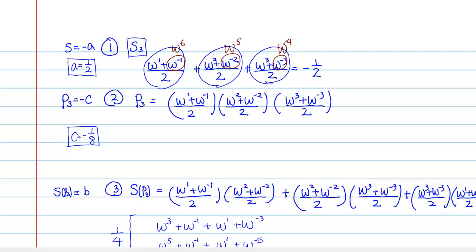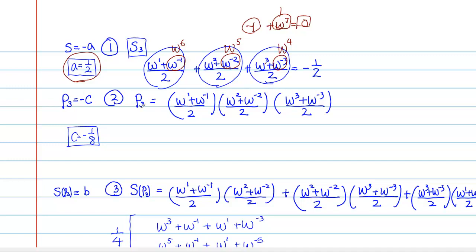Now you can say W1 plus W2, W3, W4, W5, W6, that is all negative 1, isn't it? If you have a W7 or W0, that equals 1, but because this is already 1, it should be negative 1. So this is negative 1 over 2. That's why A equals 1 over 2.